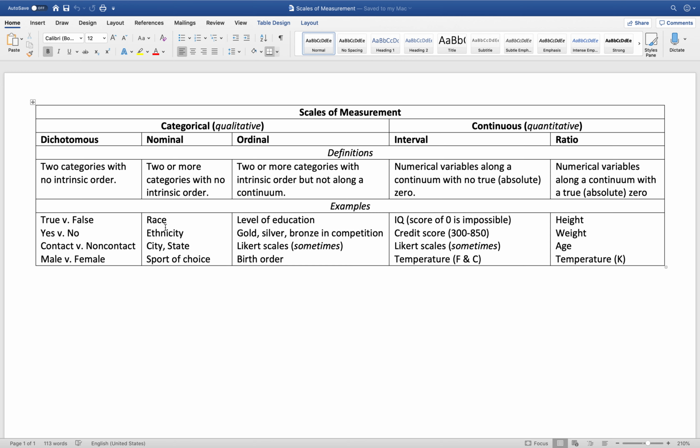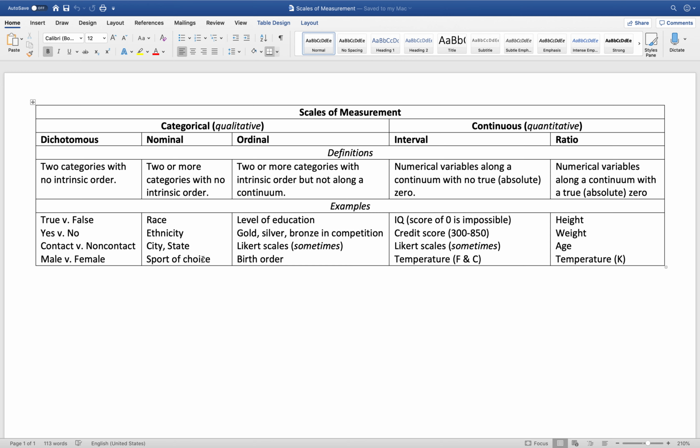For example, here, there's no intrinsic order as to, if we were to talk about sports here, for example, basketball isn't intrinsically better than football. Football isn't intrinsically better than basketball. However, me personally, I love football. I love boxing. And I might say that I think football is better than basketball.